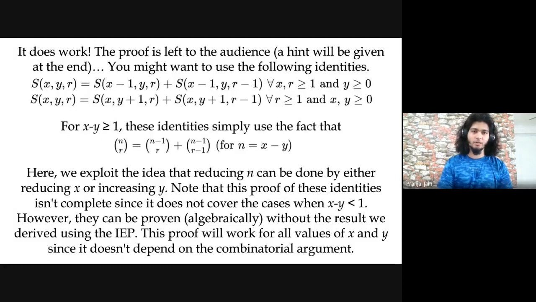Without using that formula, you're proving this identity, and then of course it will hold for all values of x and y. So that will give you these identities, and from there you can prove that if a minus b is constant, then S of a, b, r is constant.